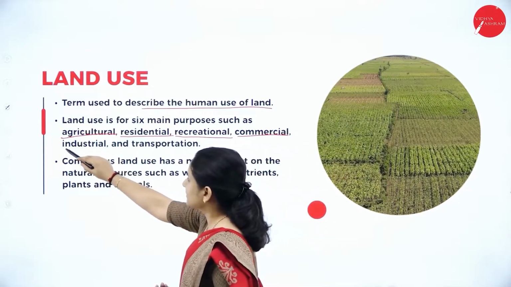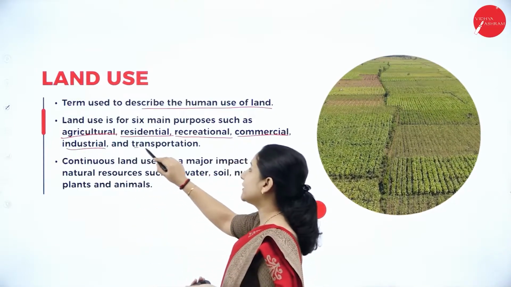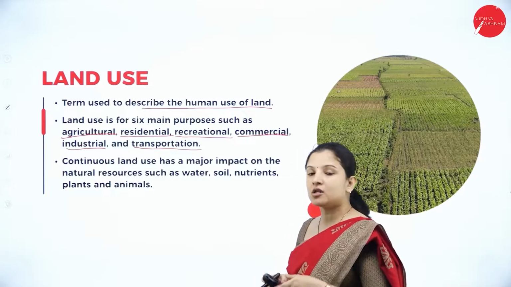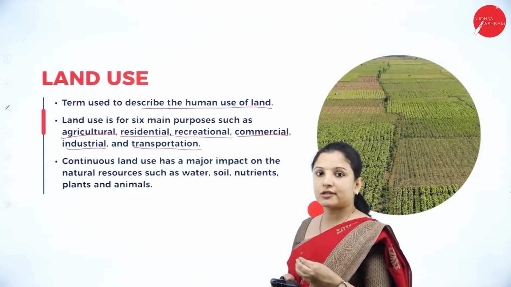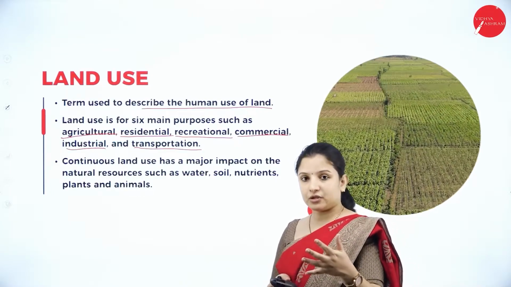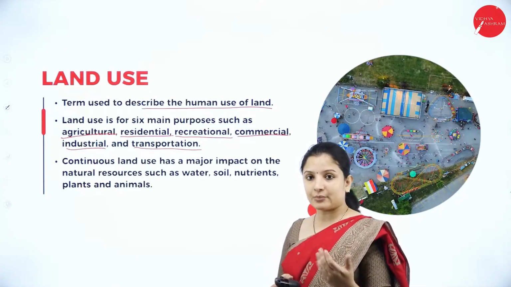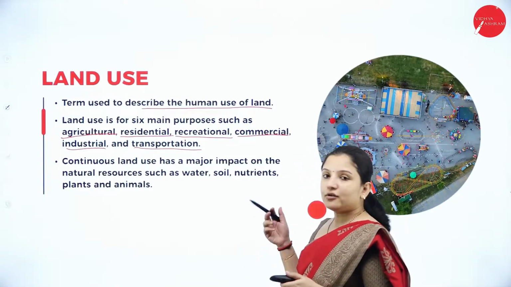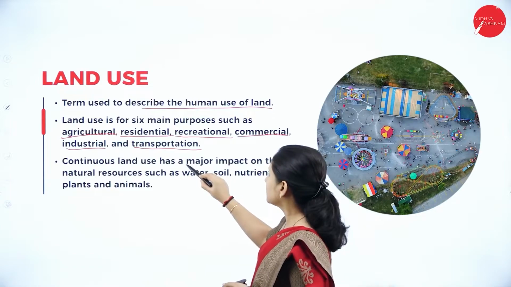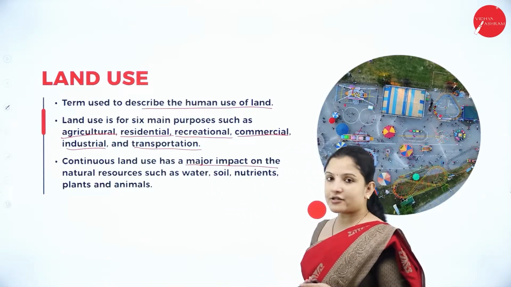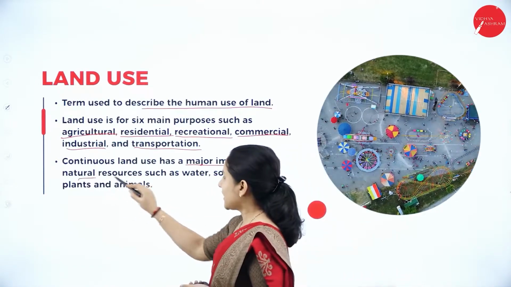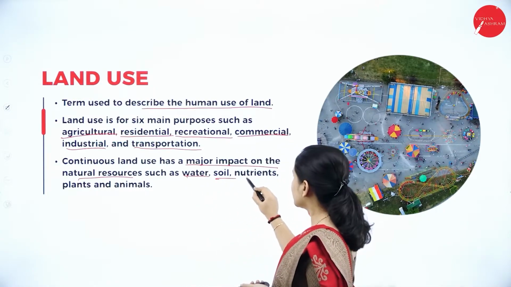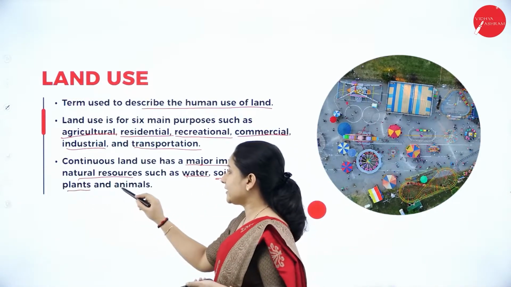Land is used for industrial purpose in particular, and land is also used for transportation in order to build roads so that easy movement or commuting from one place to another can happen very easily. And continuous land use has a great impact on the natural resources such as water, soil, nutrients, plants and animals.